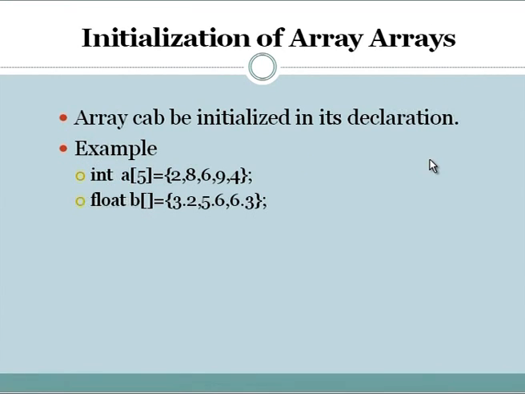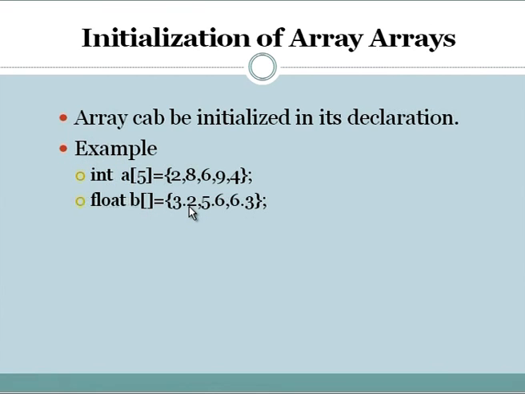An important point in this example is that here we have not specified the size of array. So when you do not specify the size of array, then array will be fixed to the values in the initialization. When you initialize an array in its declaration, then it is not necessary to specify the size of array.